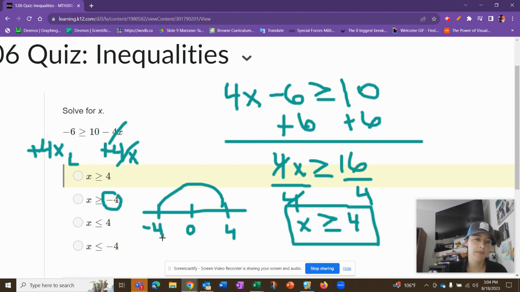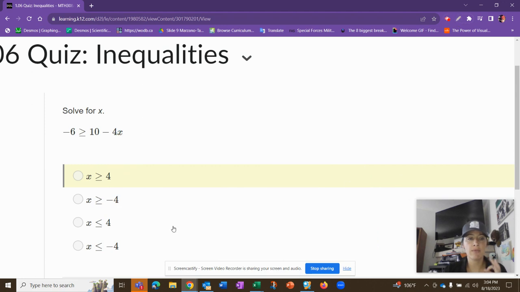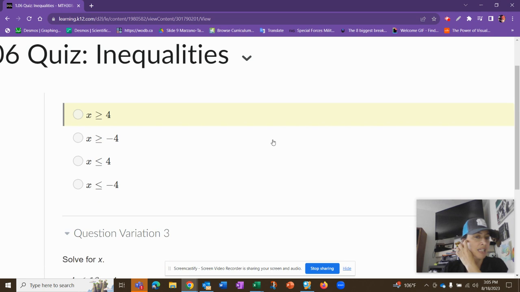Negative 4. It's equal distance from 0, but on the other side. Lots of ways to think of it. But remember, if it's a negative, you flip if you're dividing or multiplying, not if you're adding or subtracting. You could easily subtract from both sides and not flip it. Okay, so those are common misconceptions to keep in mind.